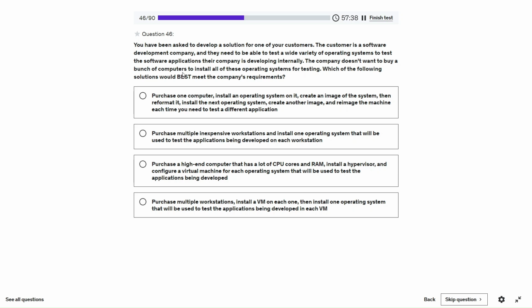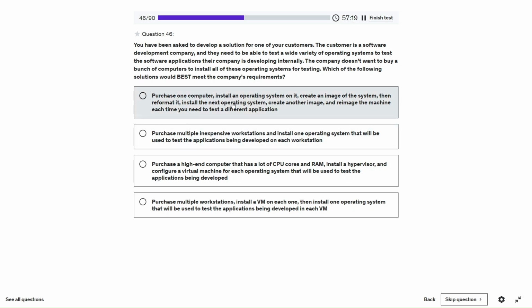Which of the following solutions would best meet the company's requirement? So they don't want to buy that bunch of systems to test their application, so always go for the one system, the VMs, and try on those virtual systems.